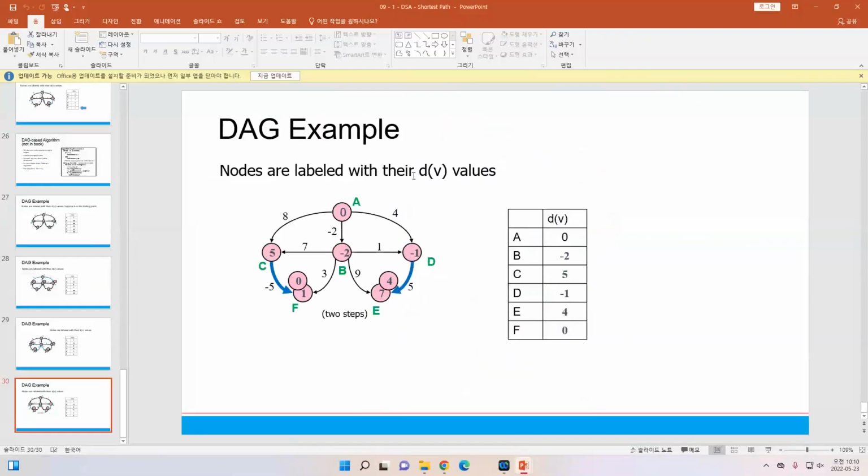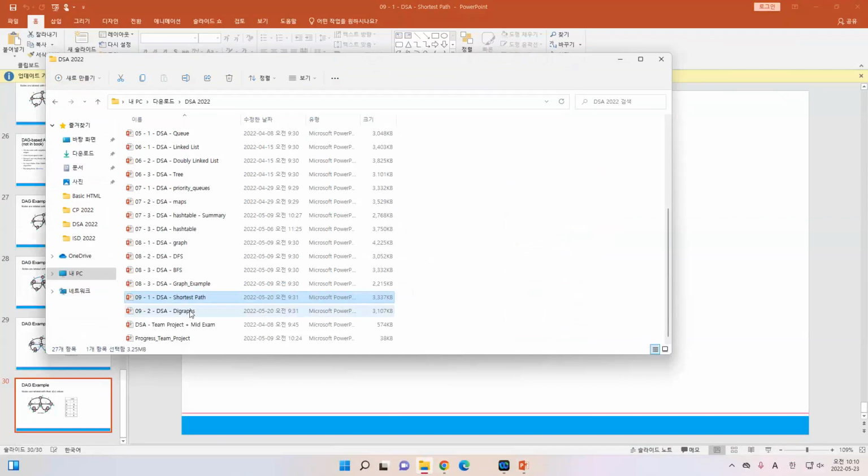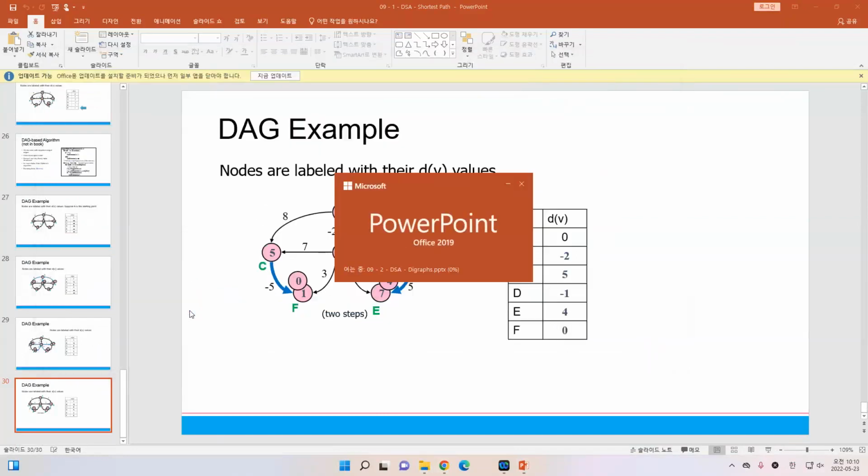Okay, that's the Bellman-Ford and the DAG examples. I hope that you understand the mechanism. So what I want to explain next is about the directed graph.